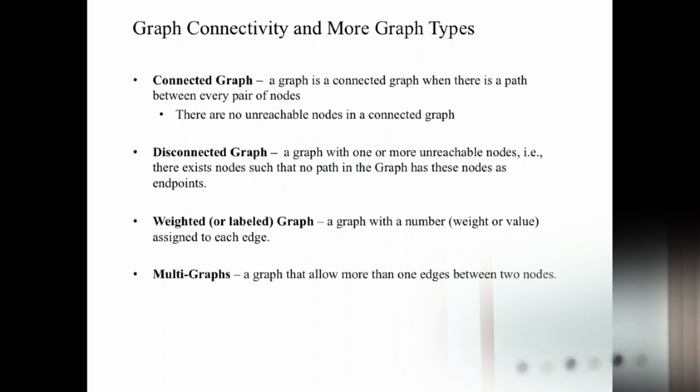Like the data values that we want to store in our graph data structure, we usually store them in the nodes. But sometimes, for example, we have a map of cities. So we have information about the cities, for example, the name of each city. But then we also have information related to the edges. For example, the distance between the cities. Okay, so how far Kalmar and Växjö are from each other.